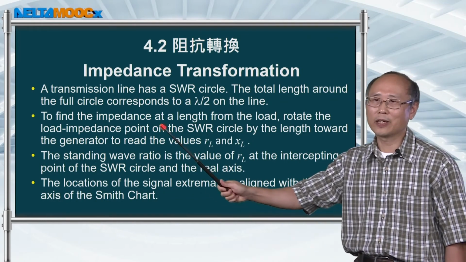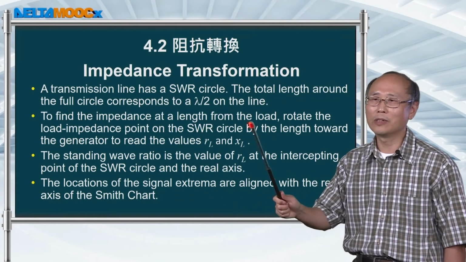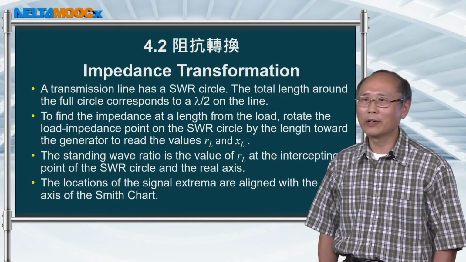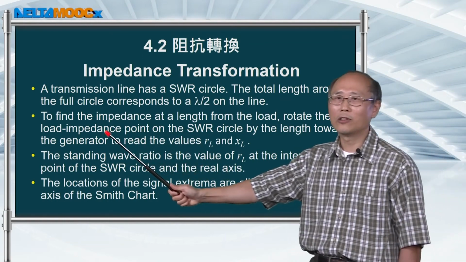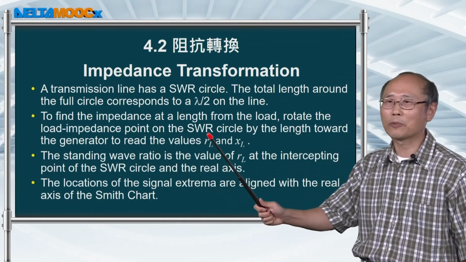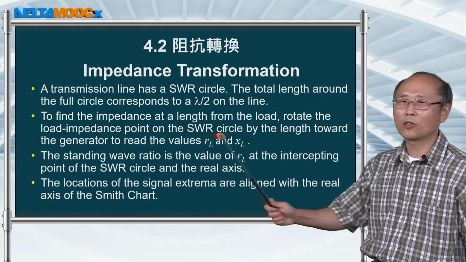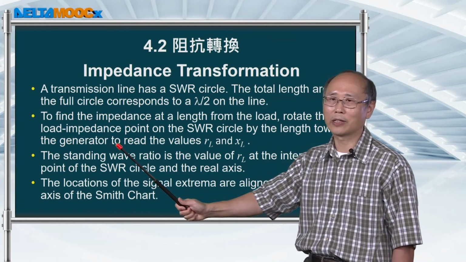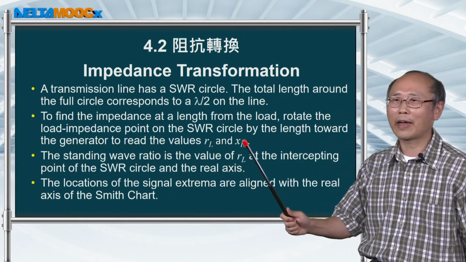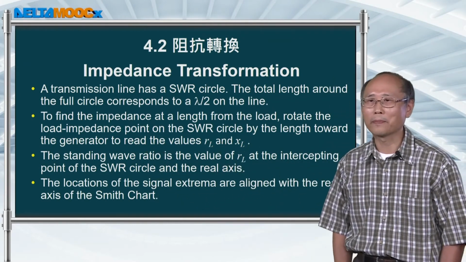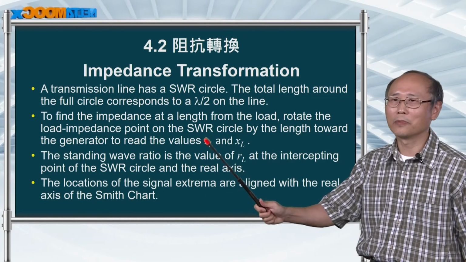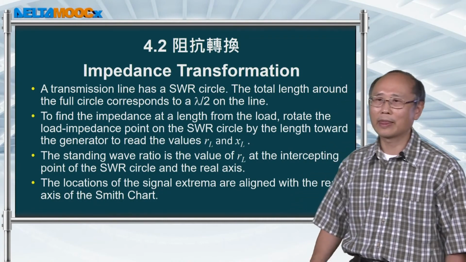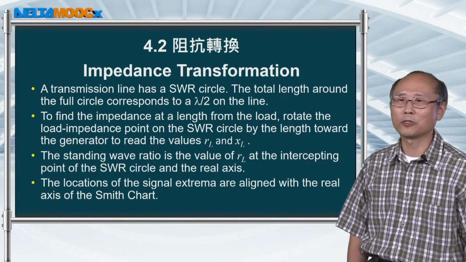And to find the impedance at a length from the load, basically you first find the location of your load and then rotate the load impedance point on the SWR circle by the length toward the generator, which is along the clockwise direction. And then you can read the R and X from the point on the SWR circle. And this will give you the input impedance at the particular location on the transmission line.